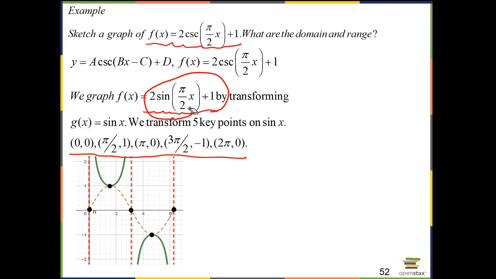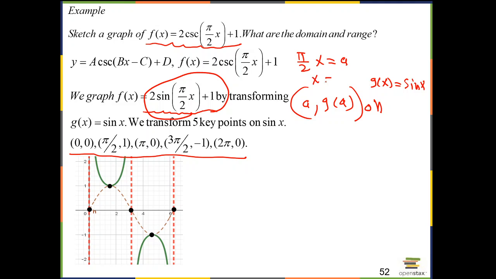What are the transformations again? If you have a point, let's say a and g of a, on, let's say, g of x equals sine x, then what happens to it? Well, the a part: if you put pi over 2 x equals a and solve for x, it is going to be a times 2 over pi.